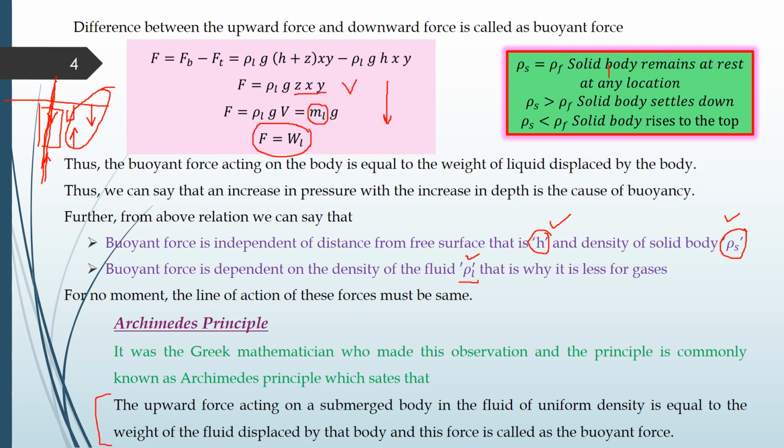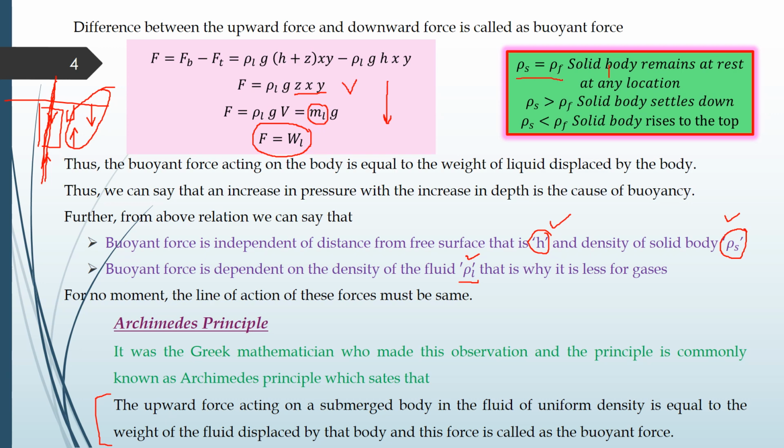The most important thing over here is whether the solid will remain at rest at any location, or it will submerge, or it will float. It certainly depends upon the difference in the densities. If you're talking about a fluid, it can be a liquid or a gas, and if both the fluid and the solid have the same densities, the solid body will remain at rest at any location. It will neither move upward nor come downward.